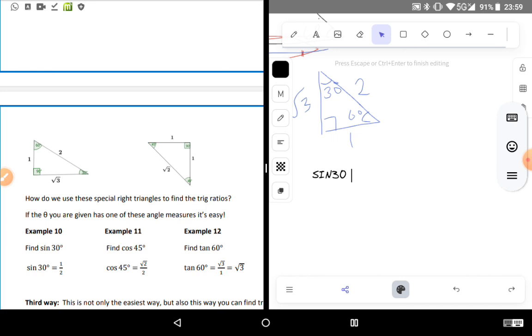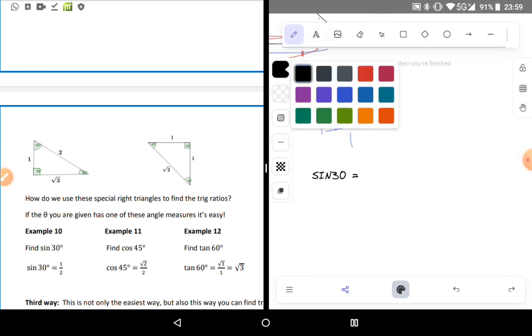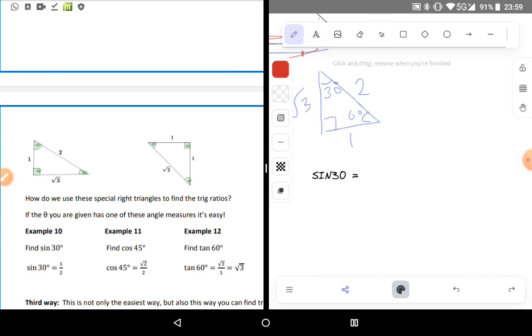What I'll do is say, okay, sine 30 is equal to, I know that to find sine, when I have my SOHCAHTOA, S stands for SOH, which is opposite over hypotenuse. Then what is the opposite here? Here I'm looking at what angle actually? I'm looking at angle 30. I'm working with angle 30.